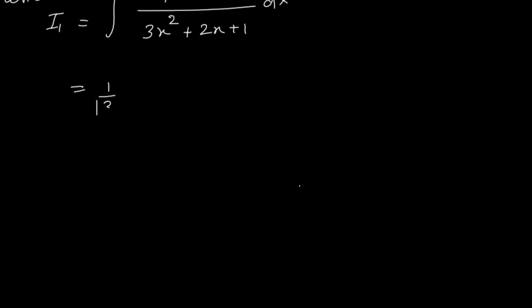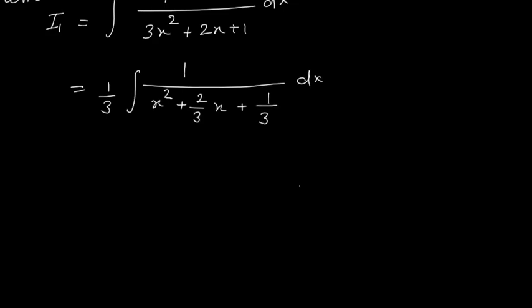So 1 upon 3 we have taken out, and 1 upon x square plus 2 upon 3 x plus 1 upon 3. I hope you understand why this 2 upon 3: because I am taking 3 common, and 3 is not there, so I will multiply and divide by 3. From the numerator the 3 will go out and then we have 3 in the denominator. You can multiply this with each term and see that you will get the original function.